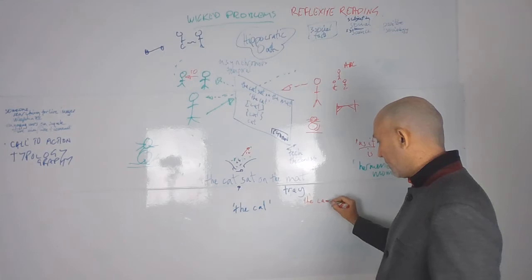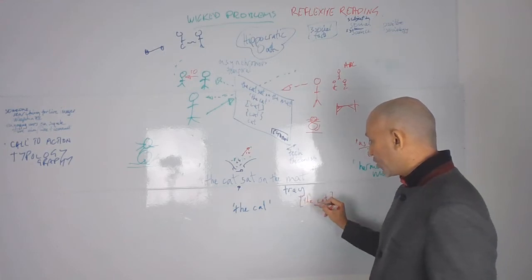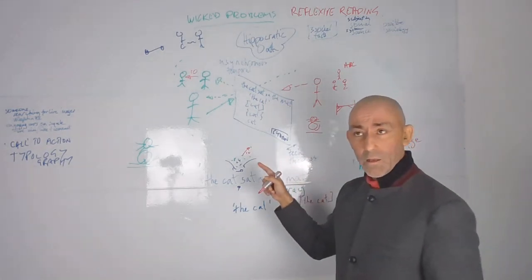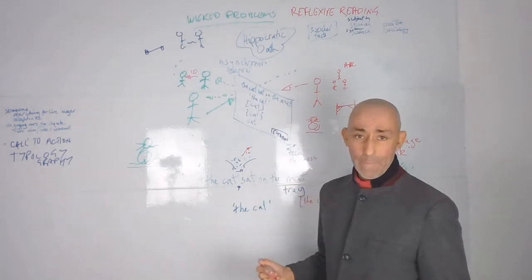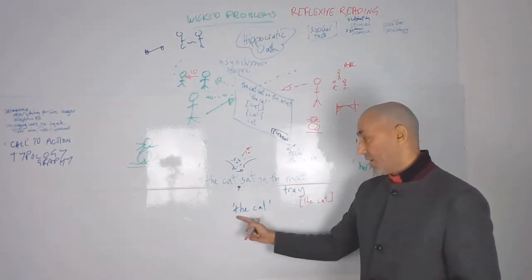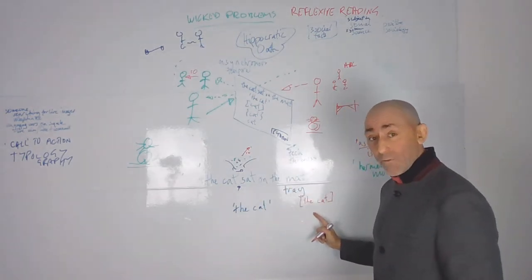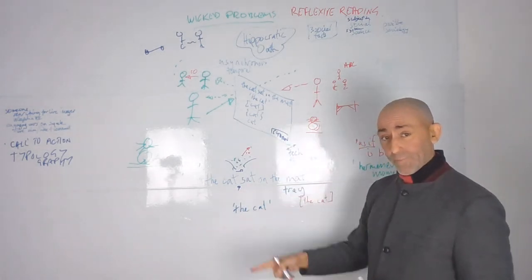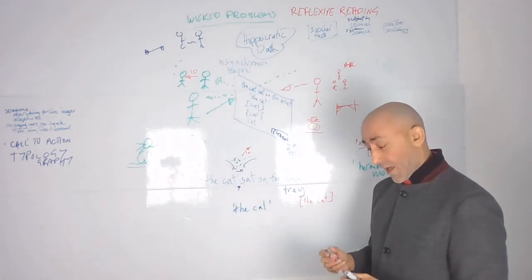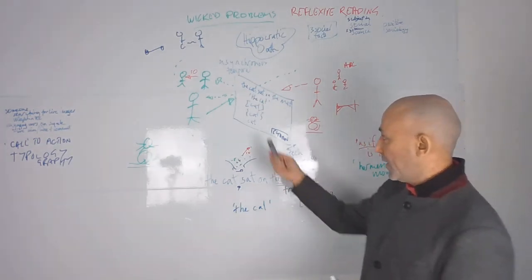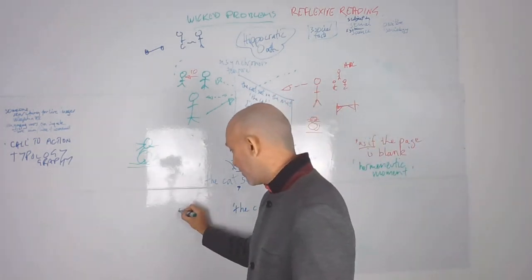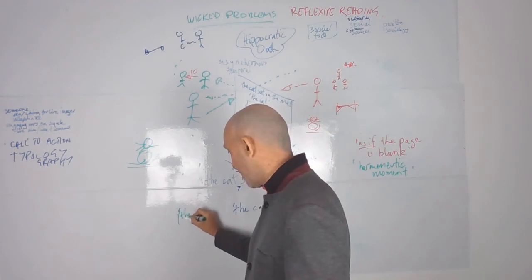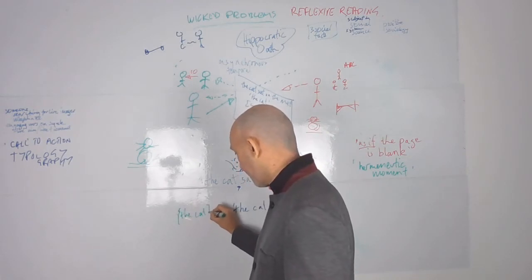The cat. This is the actual object in actuality. So the cat, that phrase, might or might not refer to a real cat. In this case, it doesn't. However, you might have an imagination of a cat. That's a third thing. That's what the curly brackets, and that refers to the cat. Okay?